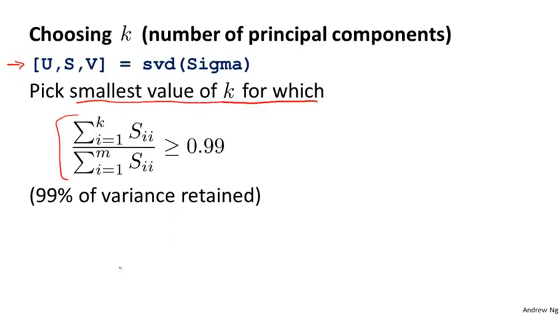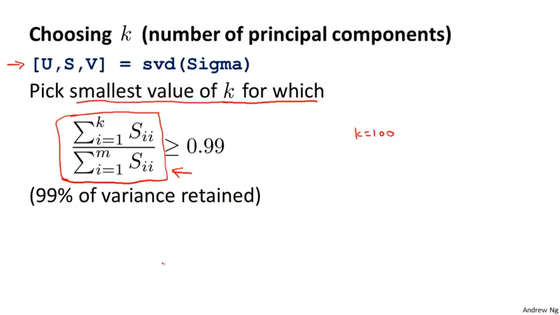And by the way, even if you were to pick the value of k manually, maybe I have 1,000-dimensional data and I just want to choose k equals 100, then if you want to explain to others what you just did, a good way to explain the performance of your implementation of PCA is to take this quantity and compute what it is, and that will tell you the percentage of variance retained.